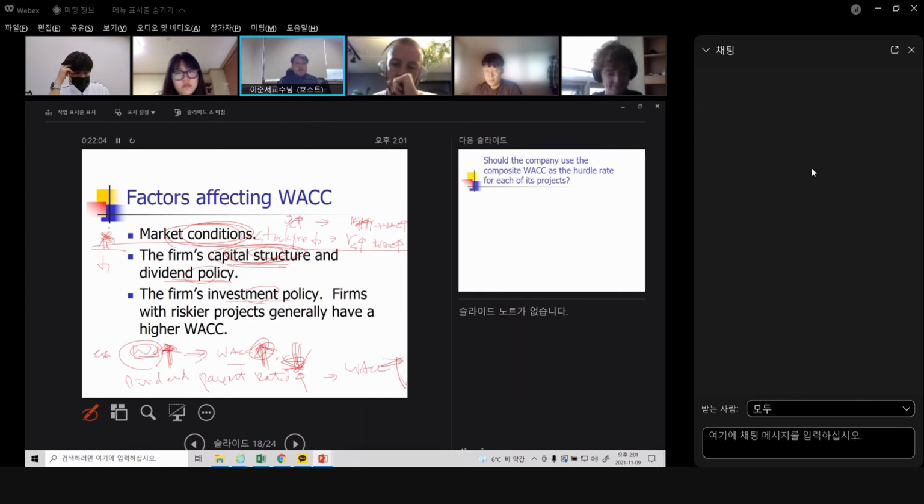Why is that? As I told you, this is the pie of profits. If we provide 30% of earnings to the shareholders as dividends, then we can use the 70% of the earnings, right? The dividend payout ratio is 30% in this example.